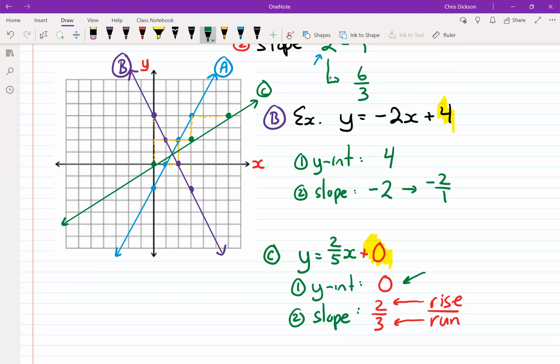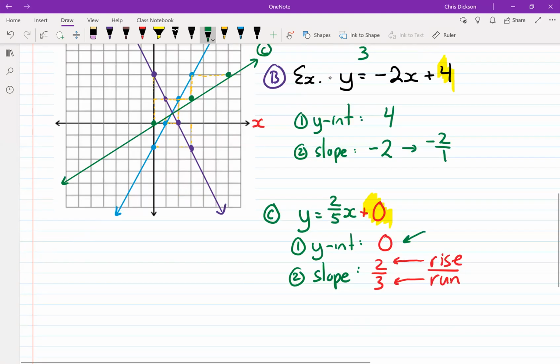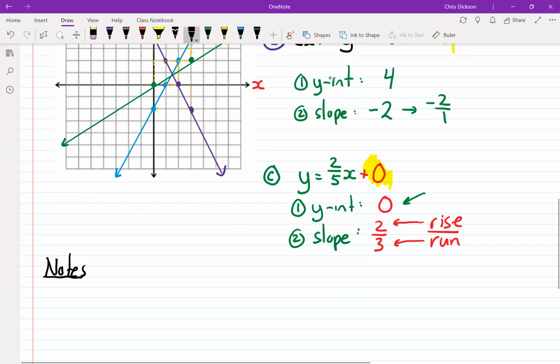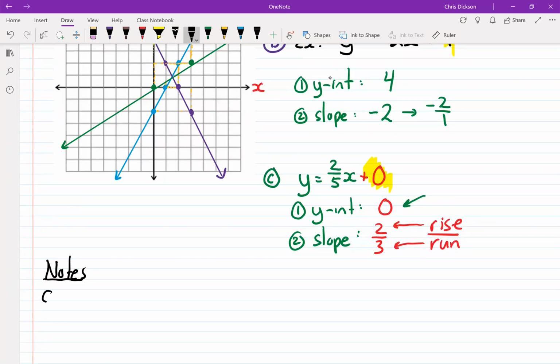So what I want to finish off with are the general notes on this. This is how we look at graphing lines. One of them is putting the equation in what we call slope intercept form. That's just a fancy math way of saying that once we write the equation in a certain way, you will know the slope and you will know the y-intercept of the graph.